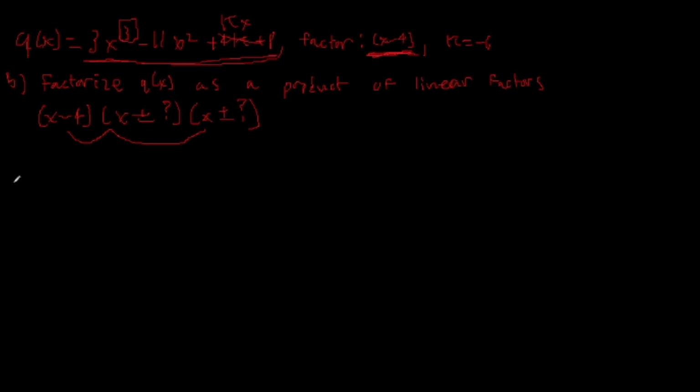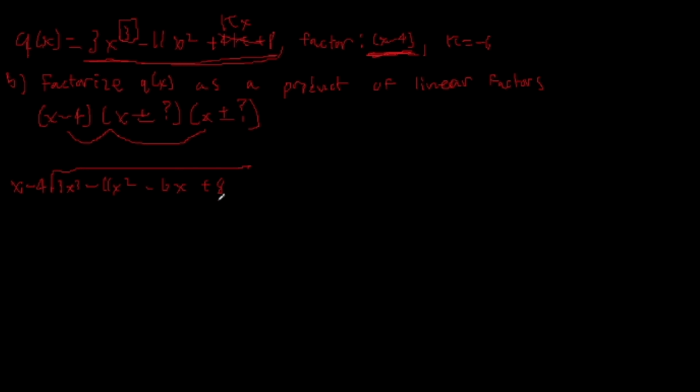So let's start this problem. How we factorize as a product of linear factors is we take the factor that they gave us and we divide it into the entire equation. So we have x minus 4 divided into 3x cubed minus 11x squared, and since k is negative 6, minus 6x plus 8.